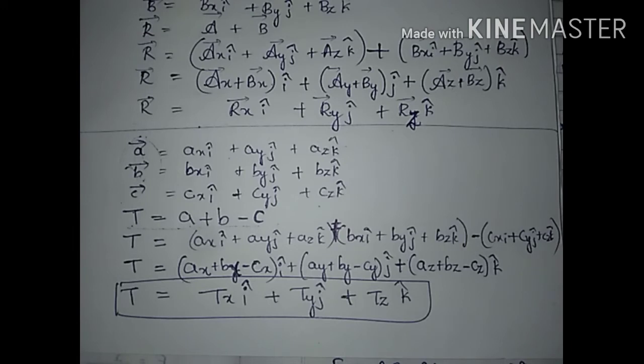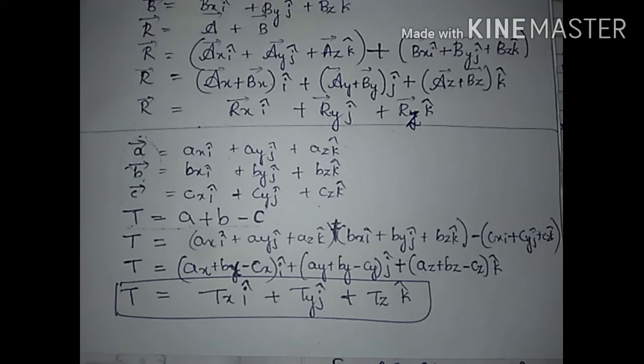3 components for vector A, 3 components for vector B, 3 components for vector C, and at the end they tell you that the resultant is A vector plus B vector, and these 2 vectors are subtracted by the C vector. Now we know vector A and its components, vector B and its components, and vector C and its components.